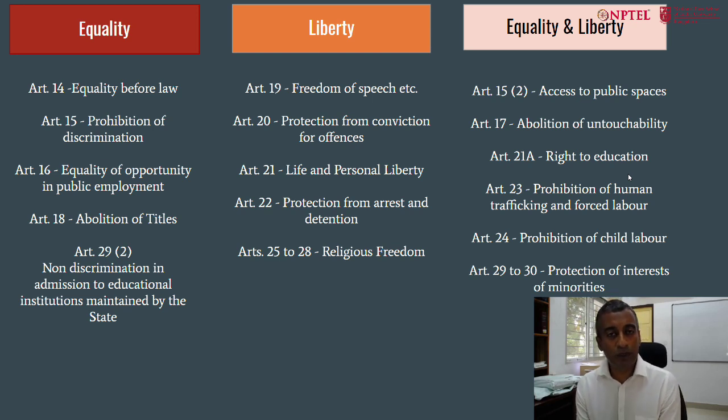Article 15.2 continues in a similar vein as it tries to remove all disabilities, civil disabilities, that might attach to any person in their use of public resources and public spaces. Now, this body of provisions can't be understood purely as liberty provisions. They operate against backgrounds of social discrimination, which are expressly sought to be overcome by the Constitution, and in particular Part 3 of the Constitution.